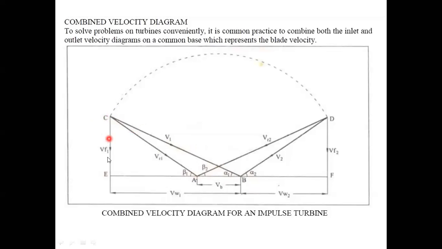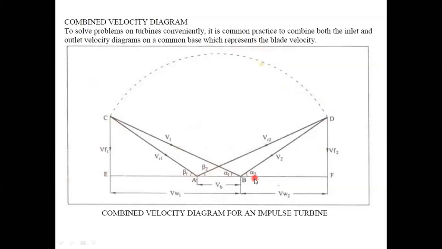From C, draw a perpendicular to the horizontal, that is CE. So the first triangle, the inlet triangle, we know. After that, take radius AC with center A and mark this arc like that.